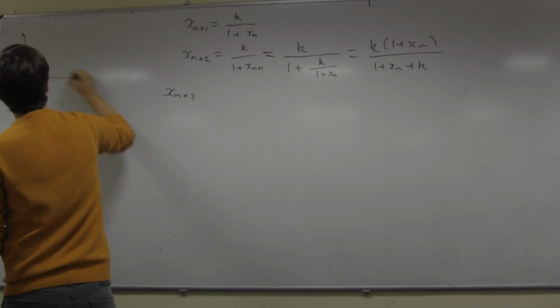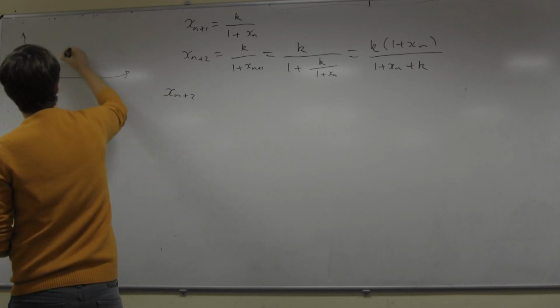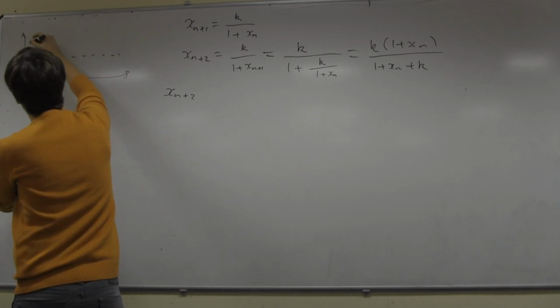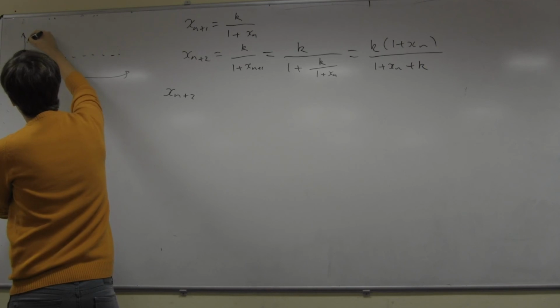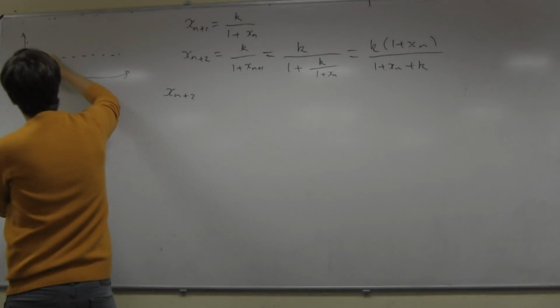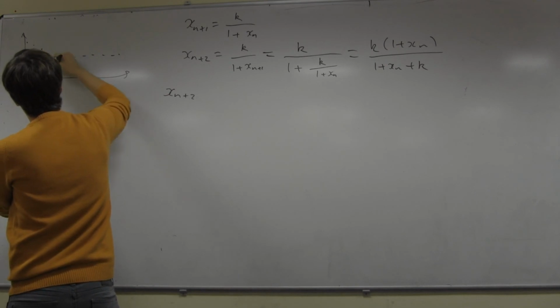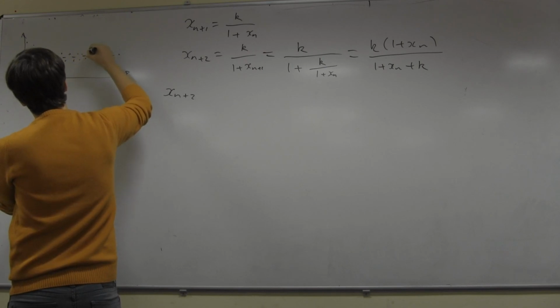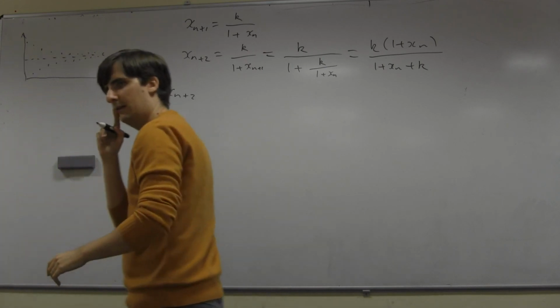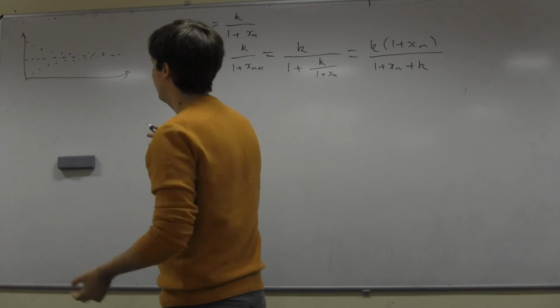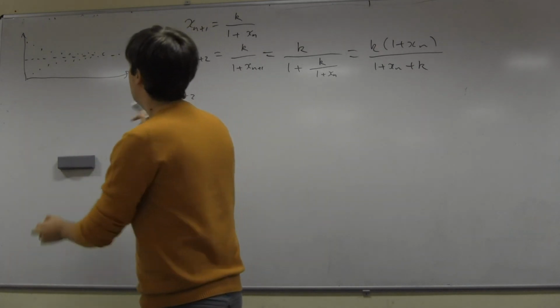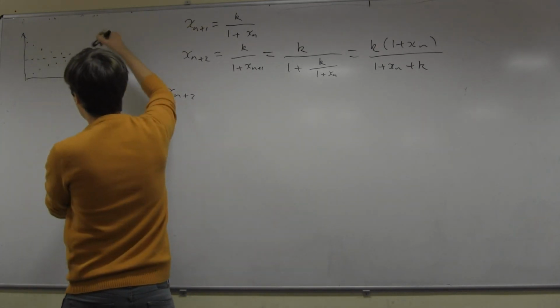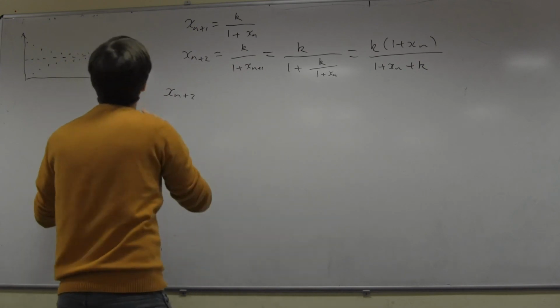Let me draw the limit as a dotted line. If the question's right, that's what the picture must look like. These are the odd values decreasing, these are the even values increasing.